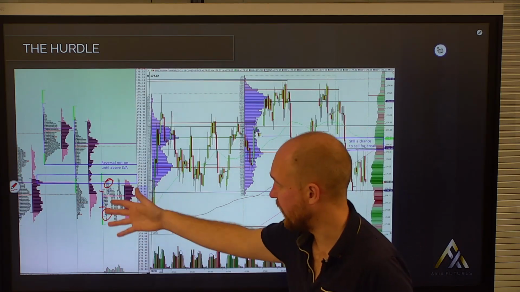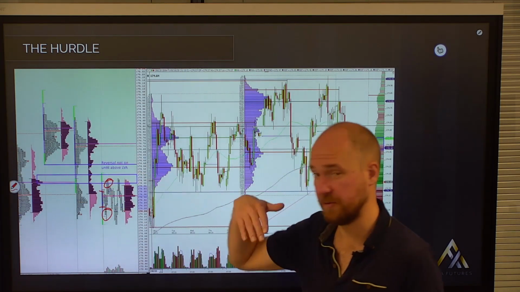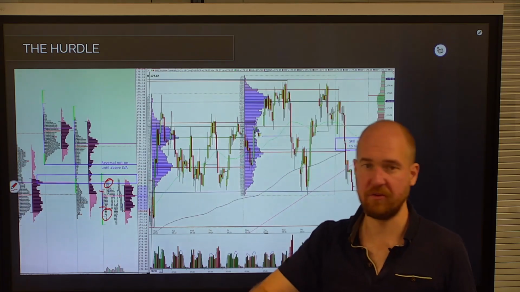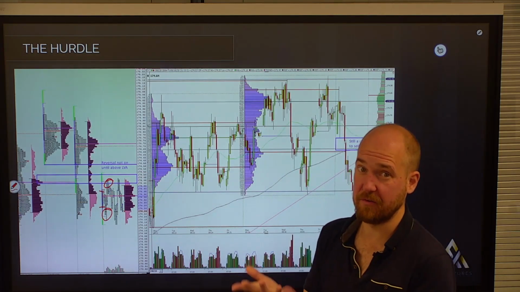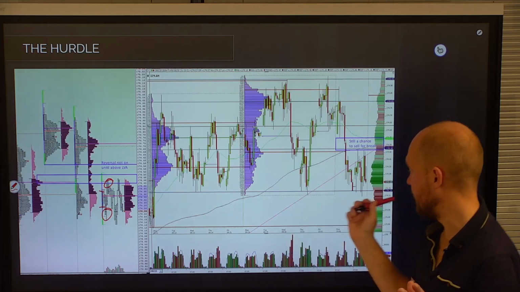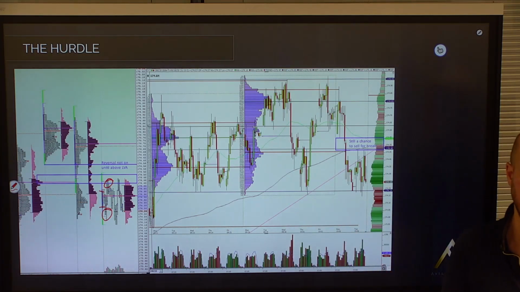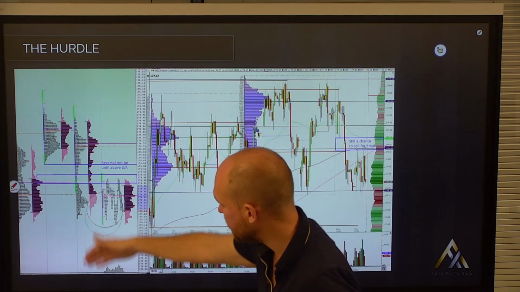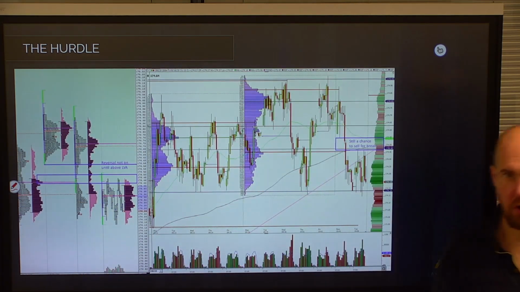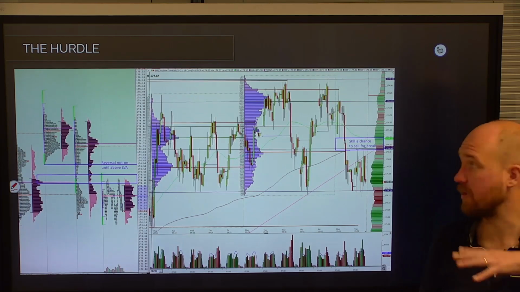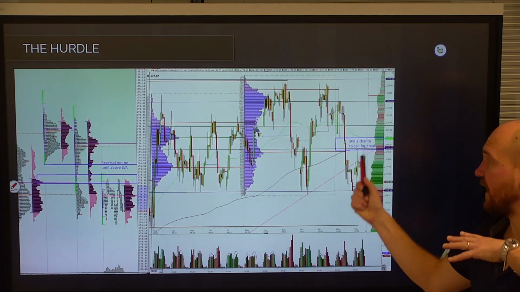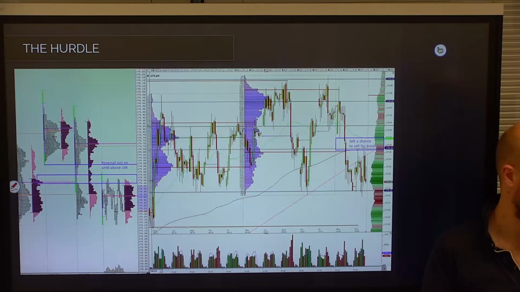And when you get a situation like this, your thought should be, right, I can play reversal back down. You can even play reversal back up. But because of that wider context of the bad lows, this was then your chance to play more towards the downside. And what you've got to remember is, until that hurdle breaks, there is no move up.